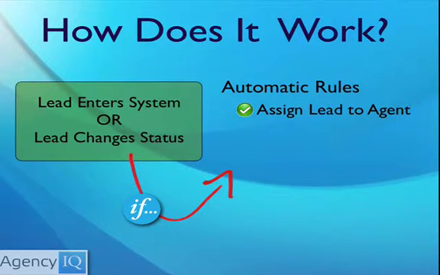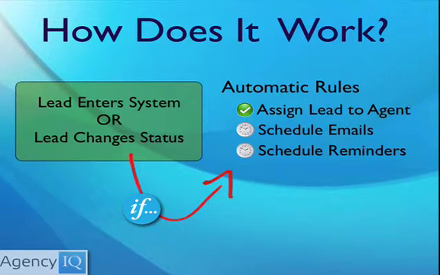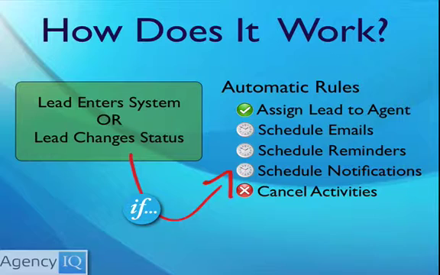Again, you can automatically assign leads or distribute them directly to producers. You can create a schedule of emails that occur directly from that moment to go out from there forward. Therefore, you're able to nurture and market. You can automatically schedule those reminders so that your staff can follow up based on a timely schedule. Schedule notifications for other people in your office or for your producer to be reminded of certain activities that they need to accomplish.